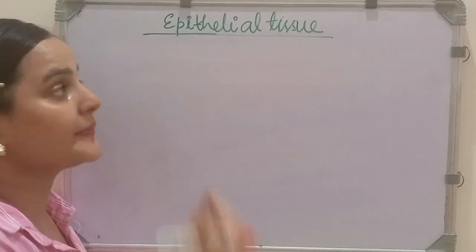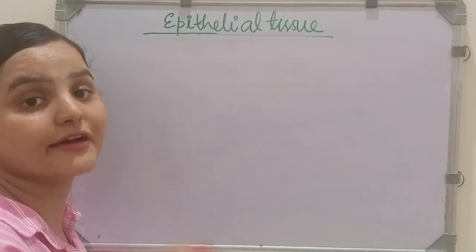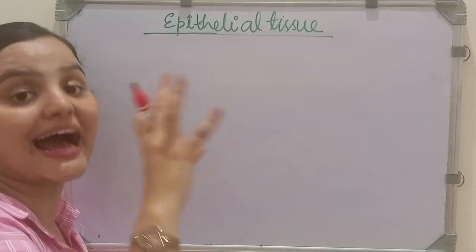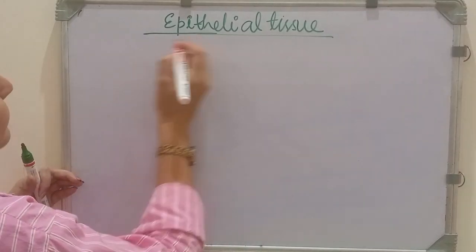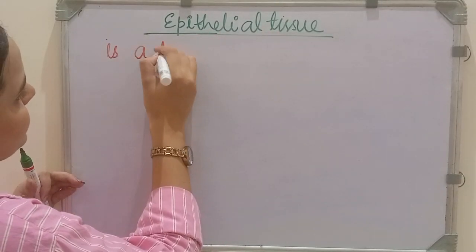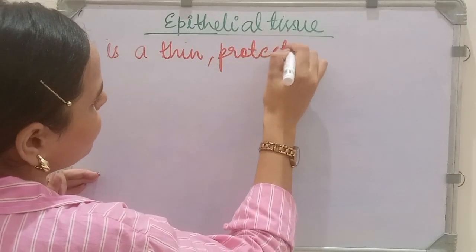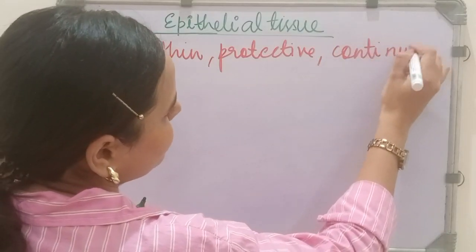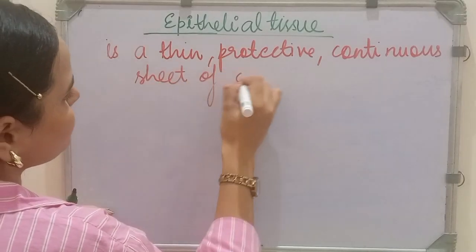The word epi itself means upon. So epithelial tissues are the tissues that are found on the outer surfaces of the skin, and they also line the various parts of the body. So let's write it down. Epithelial tissue is a thin, protective, continuous sheet of cells.